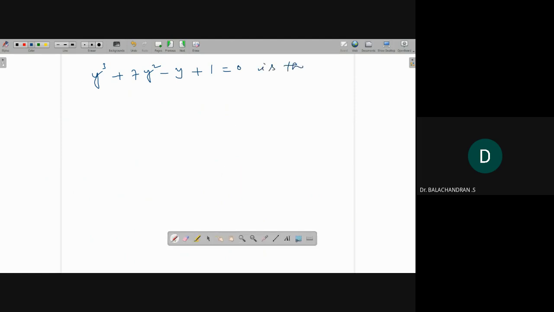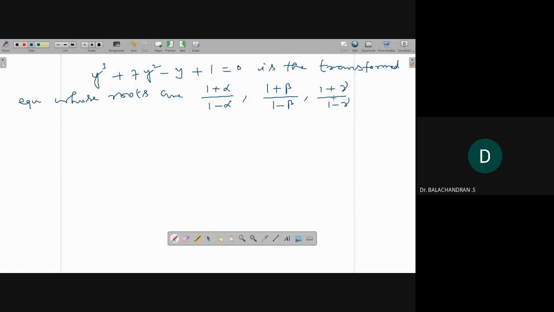This is the transformed equation whose roots are 1 plus alpha divided by 1 minus alpha, 1 plus beta divided by 1 minus beta, 1 plus gamma divided by 1 minus gamma.